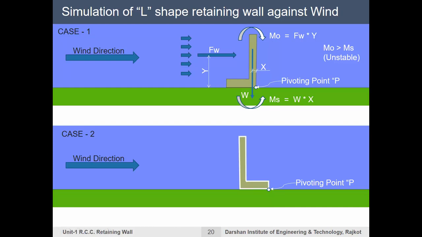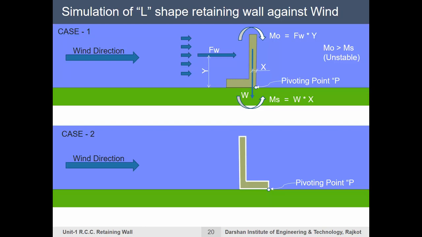It is observed that the wall is stable against overturning but fails in sliding. We will discuss the sliding failure in our upcoming slides. Presently, we will concentrate on overturning failure.